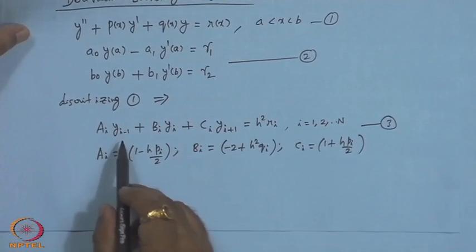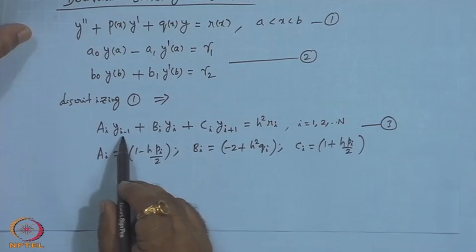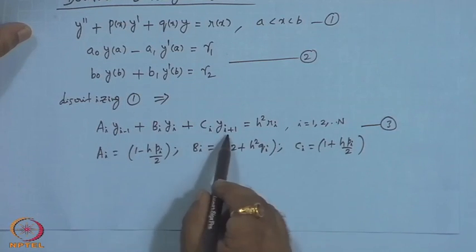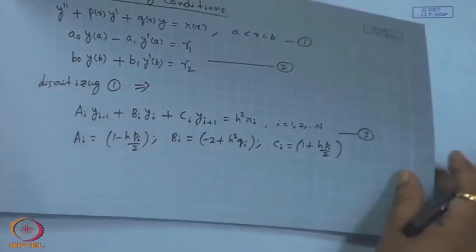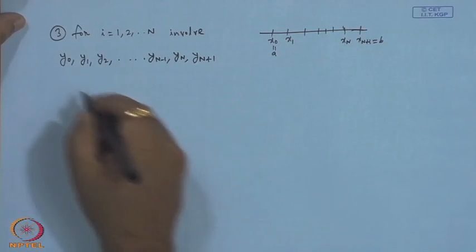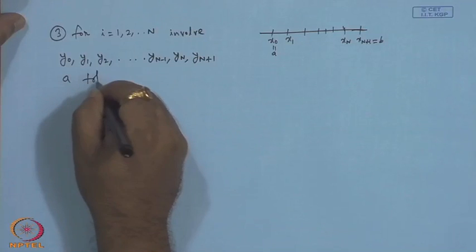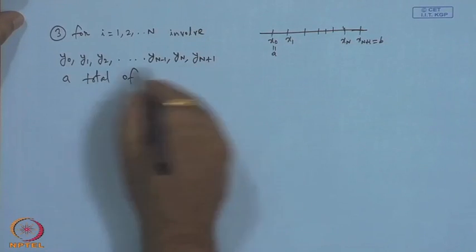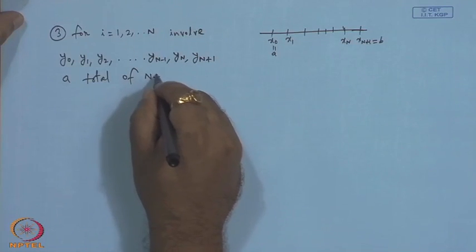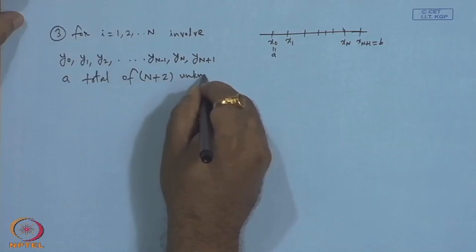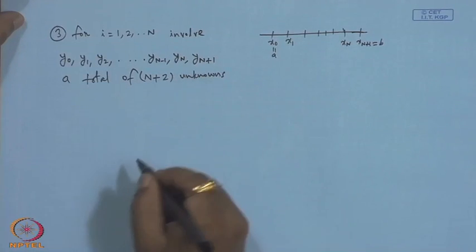It is very straightforward. We run i from 1, it starts from y 0, and then n we end up with n plus 1. So, this is a total of n plus 2 unknowns.